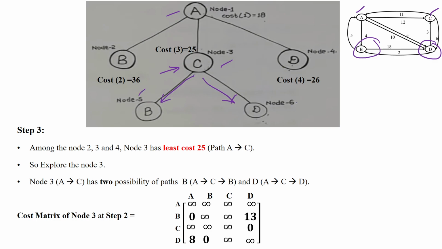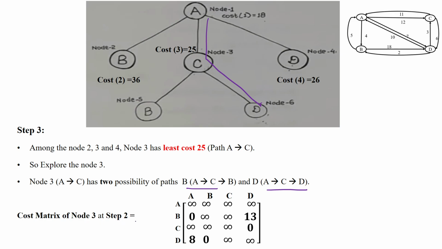Here we are giving the node numbers 5 and 6. Now from node 3, the possible paths are A to C to B, given here, and another possibility, A to C to D, given here. We have to find the cost for these two paths.